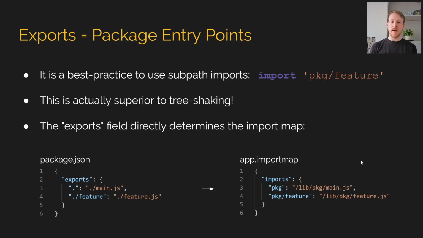So the first thing to note is that using these separate feature exports is actually a best practice for package authoring and package consumption. So if you're creating a new JavaScript package, instead of lumping everything into one big file and relying on tree shaking to magically know how to remove code that wasn't used, it's actually much better to just import features as separate modules.